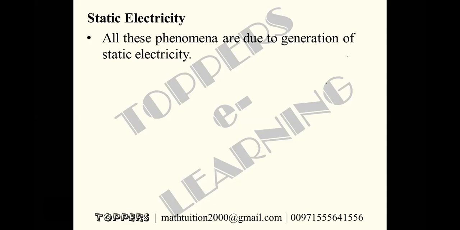You can see that the paper pieces are attracted to this scale or eraser which is rubbed on dry hair, right? You can do it yourself and see that experiment. So all this phenomena is due to electric discharge. Electric discharge is because of static electricity.